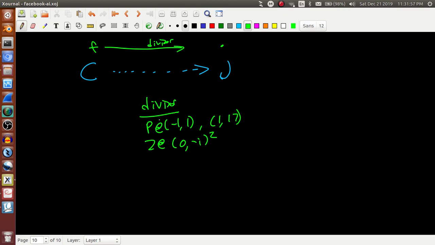All the divisors that correspond to actual functions are part of a single class group. And then there are a lot of divisors that don't correspond to specific functions, and they're in other class groups.